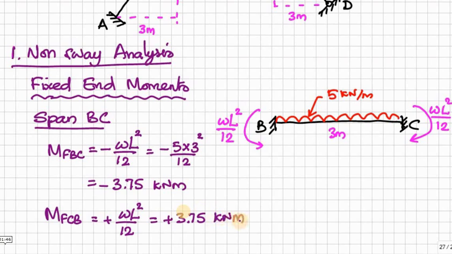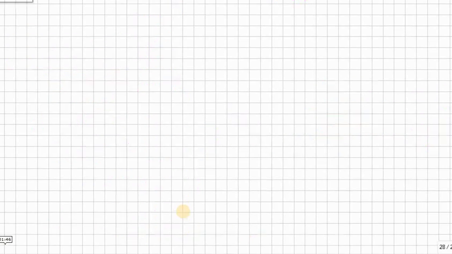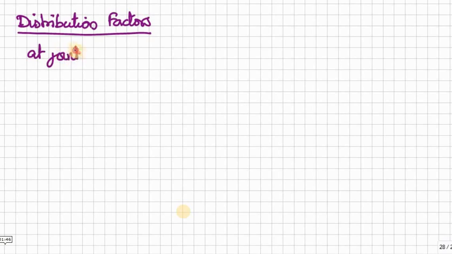Next, we have to consider the step of determining distribution factors at interior joints. We have two interior joints B and C. Therefore, we have to calculate distribution factors at joint B and at joint C. So at joint B, we have two members, that is BA and BC.